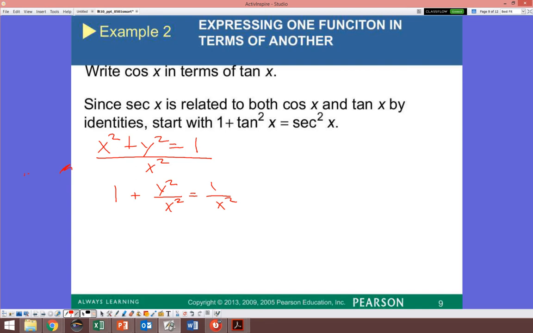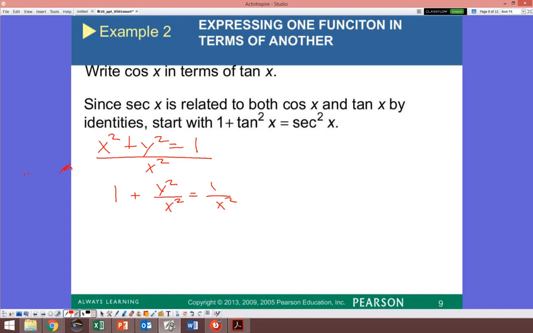Now, using my x, y's, and r's, in this case my r is going to be 1, just like on my unit circle, where the radius of my circle is 1. So now, y over x is tangent, right? So y squared over x squared is tangent squared.